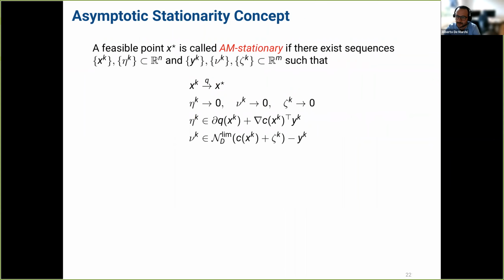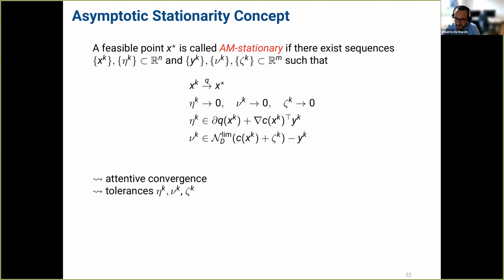Okay, and we can also define asymptotic or sequential stationarity conditions. And here it is. So we have again a lot of these sequences, and first we have to see if we have this convergence for the sequence x^k to a point x star, and then we have some tolerances, let's say, or auxiliary variables.